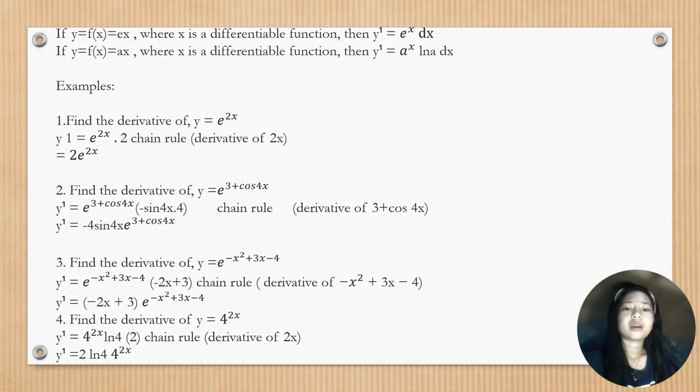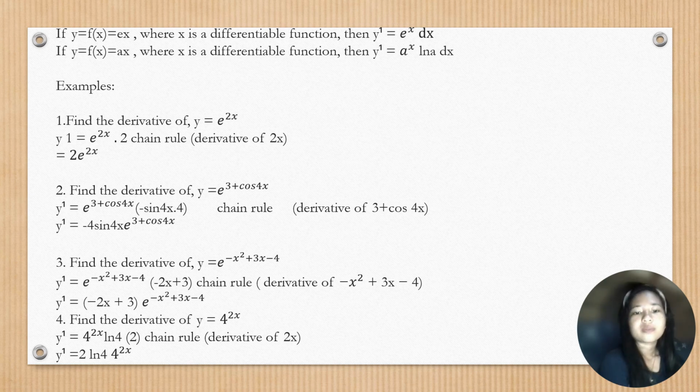So y prime is equal to e raised to the power of negative x squared plus 2x minus 4, times the derivative of negative x squared plus 2x minus 4, which is negative 2x plus 2, using the chain rule. So we will get y prime is equal to negative 2x plus 2 times e raised to the power of negative x squared plus 2x minus 4.